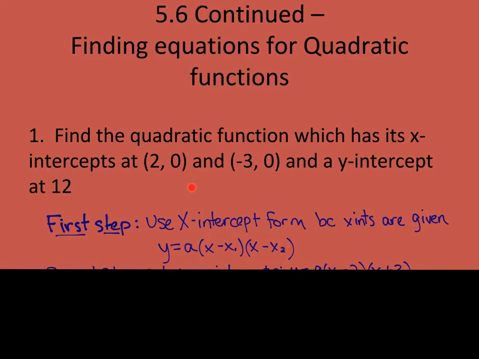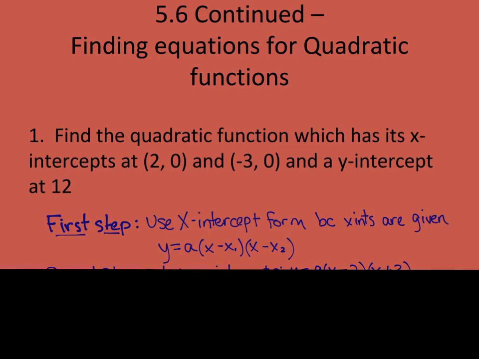So since our x-intercepts are at 2 and negative 3, I'm going to put those values in for x1 and x2. It doesn't matter which one you put in for x1 and which one you put in for x2. So the first step was choosing the appropriate formula, because we now have 3 different function formulas for quadratics that we can use. So we've chosen our x-intercept form.